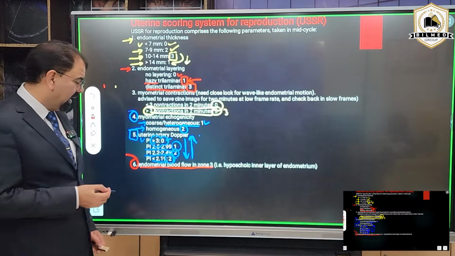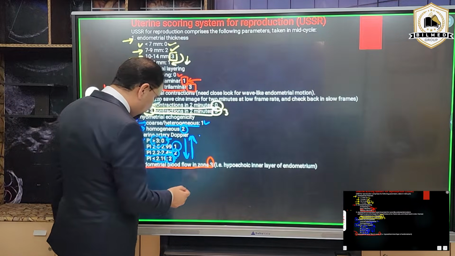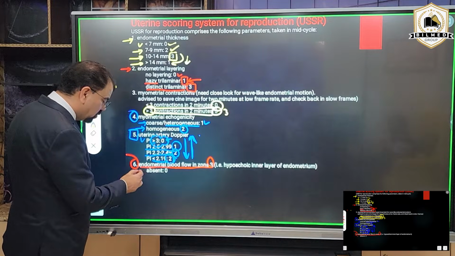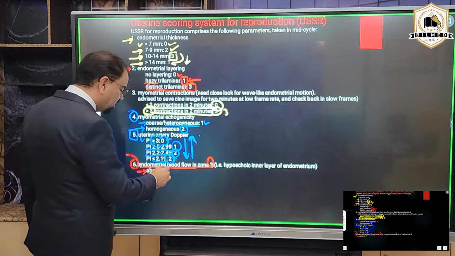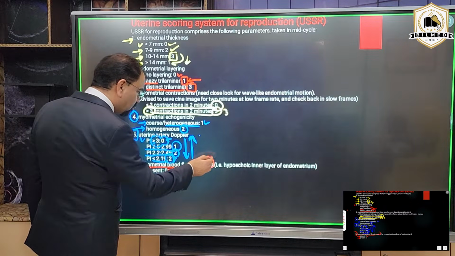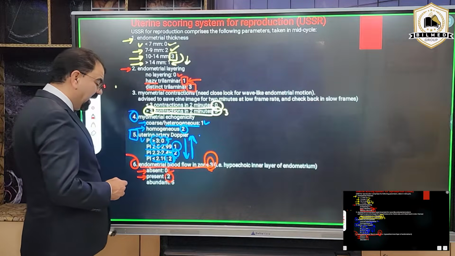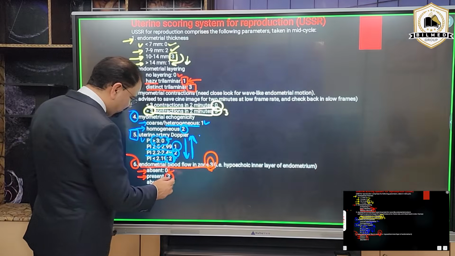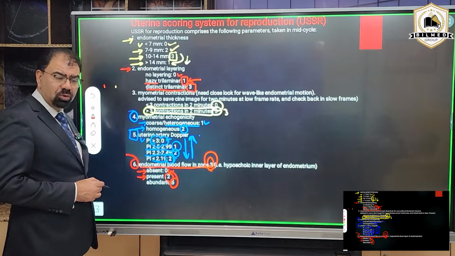If the blood flow is absent, 0. And if it is present in zone 3, then I can give 2 points. And if it is abundant, then the score is increasing from 2 to 5.